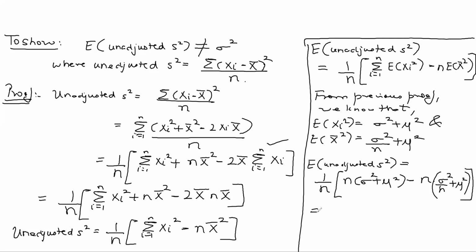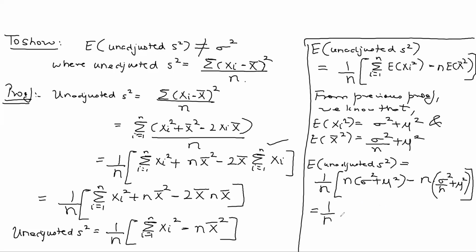Okay, so if I open up the brackets, I get sigma square plus mu square minus sigma square by n minus, so if we further solve it, or I can first open up the brackets inside and then we can proceed further.